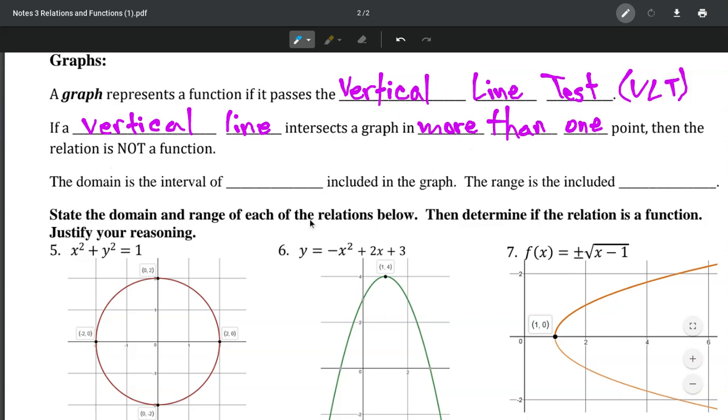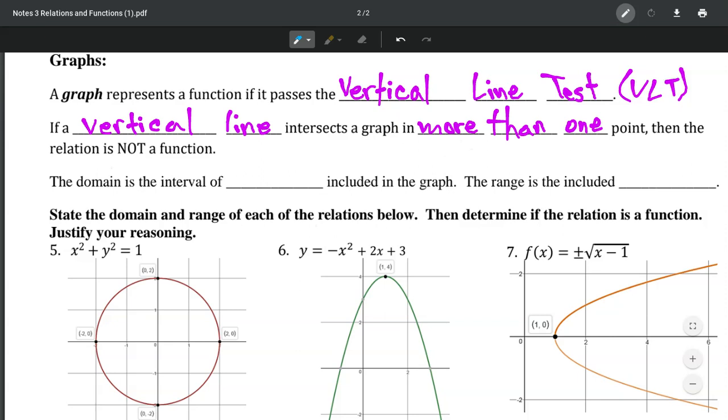Now we're still going to talk about the domain and range, and it is similar to what we said before. Your domain is still your x values, but with a graph, there's an infinite number of x values that you could have. You have your whole numbers, your integers, decimals, fractions. It's impossible to list every single x value on a graph. So what we do instead is we talk about what interval of x values you have.